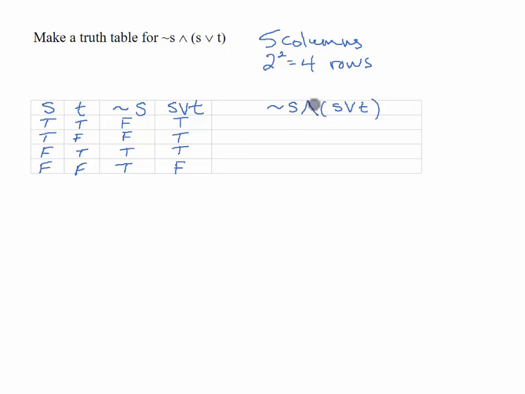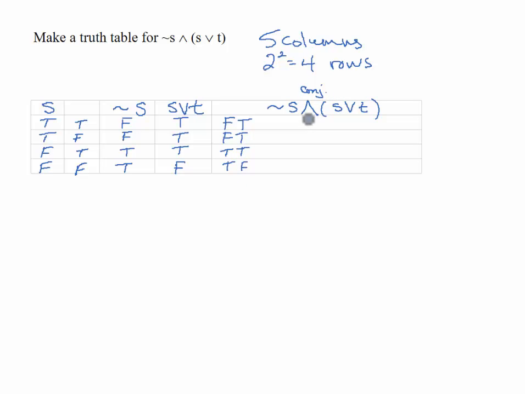Okay, now I have to put them together with an and to make this a conjunction. So I like to write my not S here first. So false, false, true, true. And then I like to write my S or T next to it. S or T is going to be true, true, true, false.